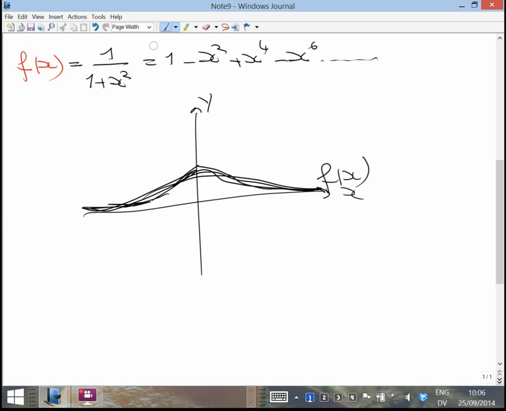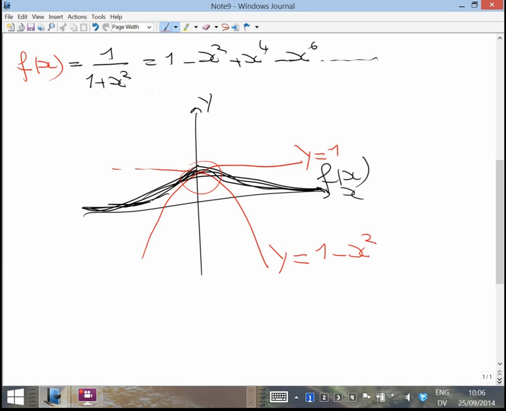If we first draw the first partial sum, this is again y equal to 1. It looks like this. The second one looks a bit like this. This is y equal to 1 minus x squared. So minus x squared, the parabola goes down. So it already starts to approximate this area of the function quite well.